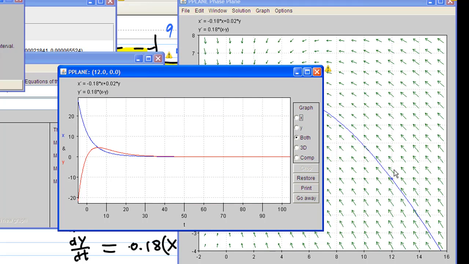And you can see that at time t equals 0, x equals 12 and y equals 0, where x is the blue curve and y is the red curve. You notice that the salt content is decreasing with time. And more or less, you can very safely say that at about 43 or 44, the salt content could be going to 0. So this is how we solve this equation graphically. And that is the end of the recording.